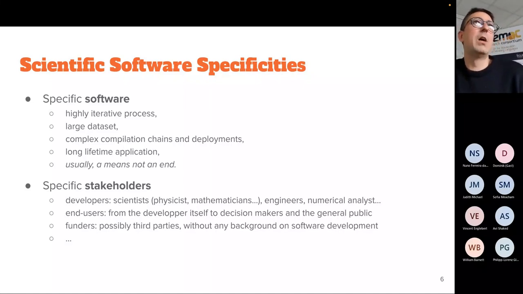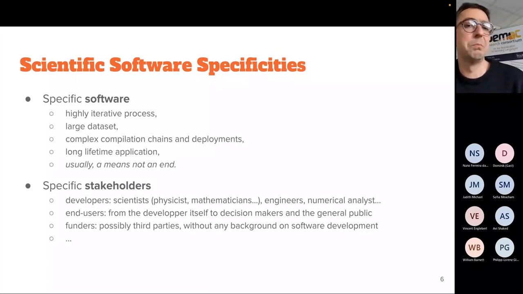I mean, the end goal is to be able to understand, to solve, or to predict something, but the construction of the software is not an end per se, which has a very big impact on the stakeholders that are involved in the development process.